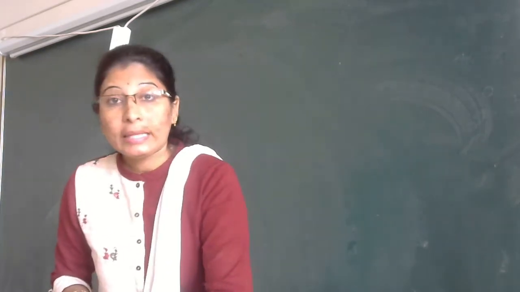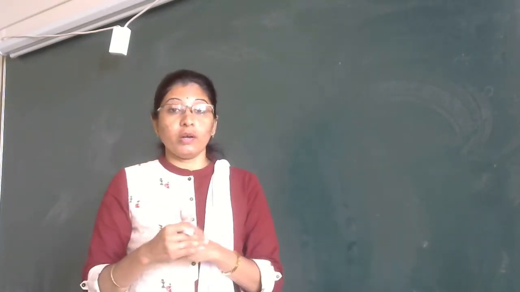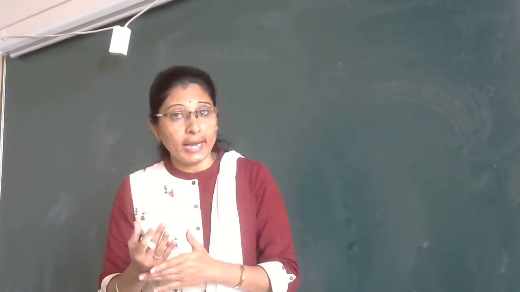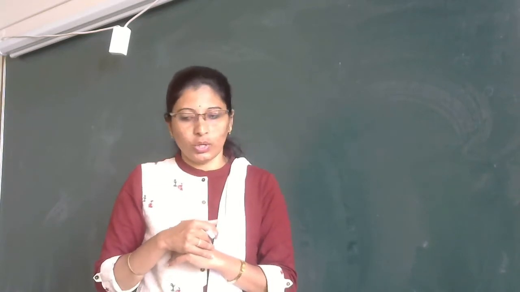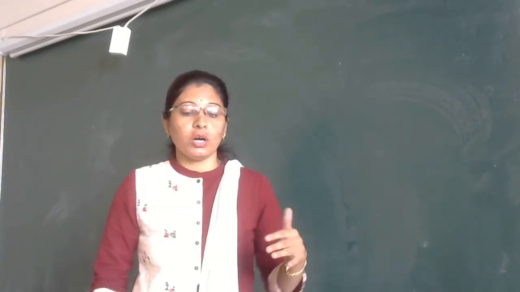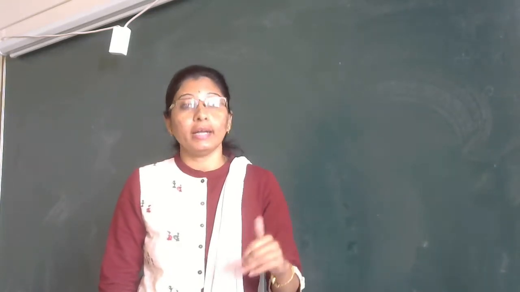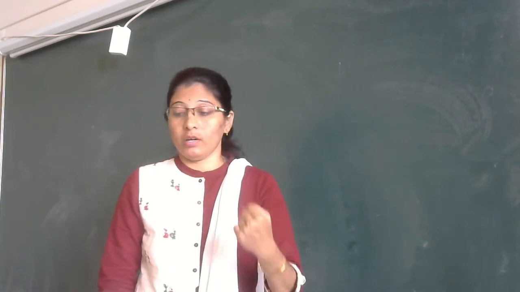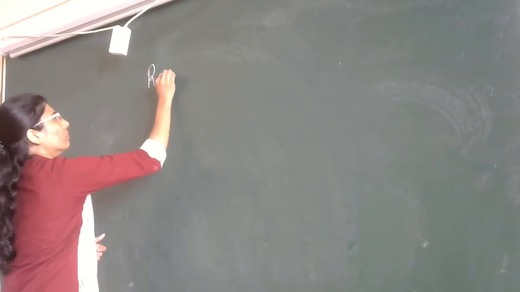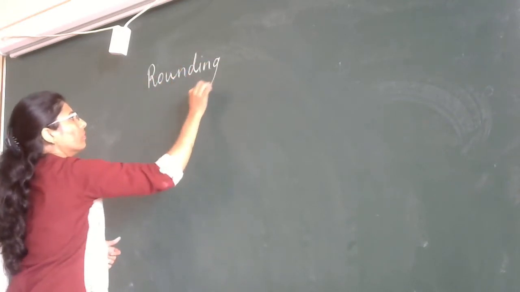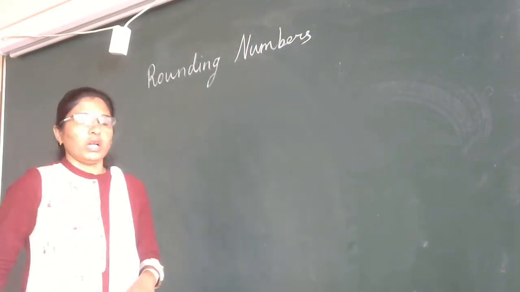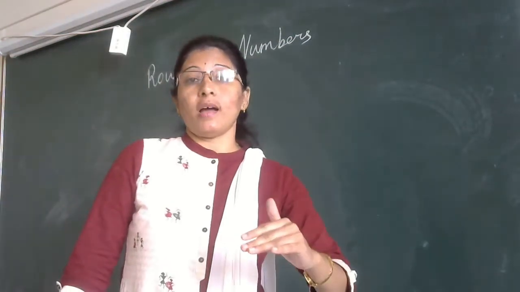Okay, so we are going to learn now how to round off the numbers in tens, in hundreds and in thousands. Okay, so first we will see how to round off numbers to 10. Before that, when we are rounding off a number, we should know that the whole numbers start from 0.